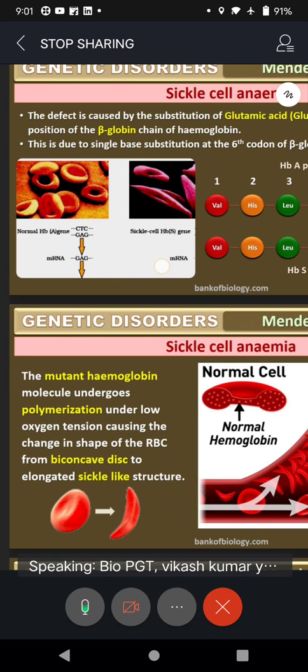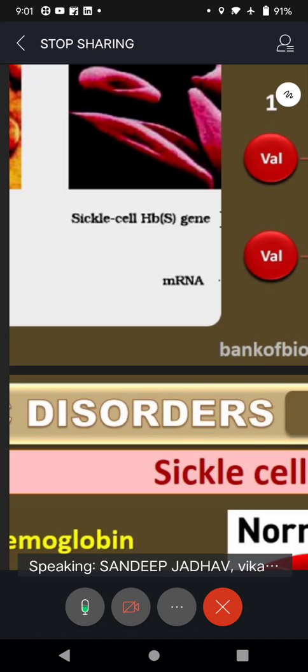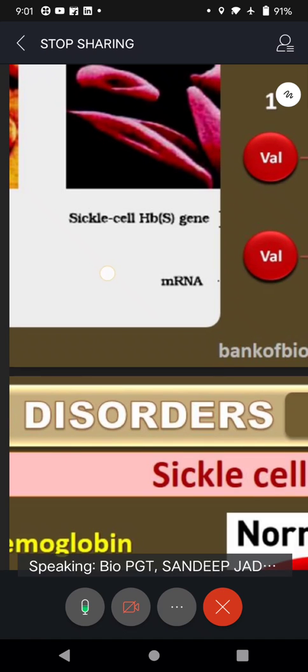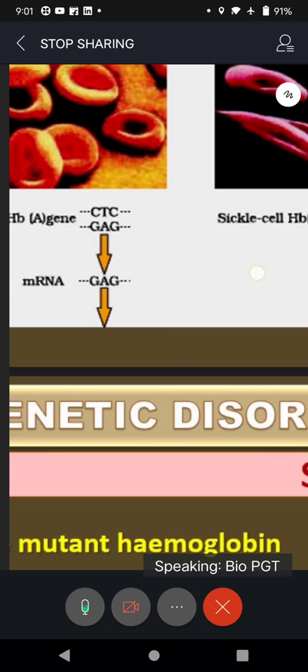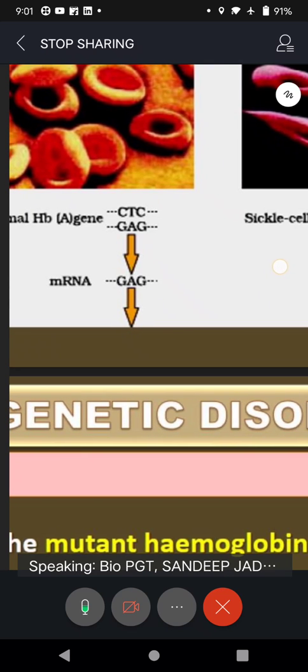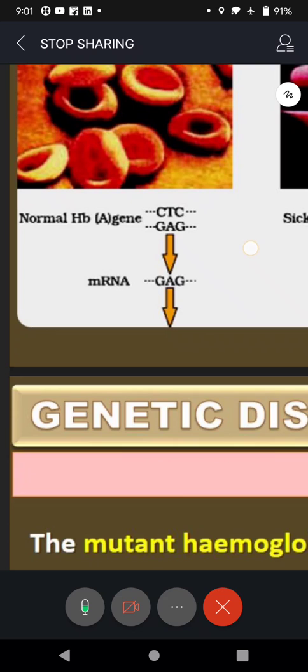Now look at that, I am expanding that. So it is GAG. Yesterday I told you that in DNA there will be 3 types of chemical compounds. One is the sugar, deoxyribose. Second is the phosphate molecule.